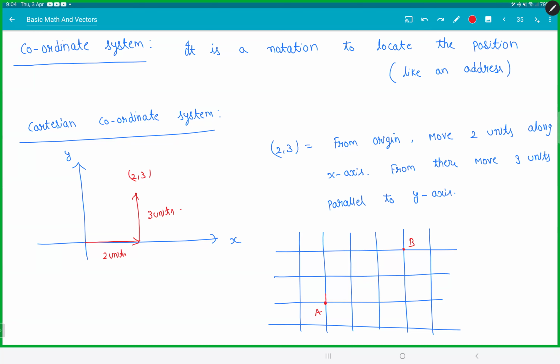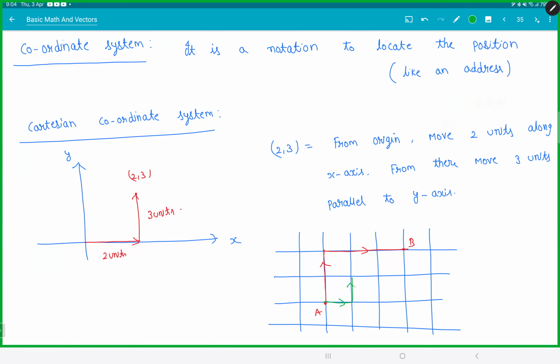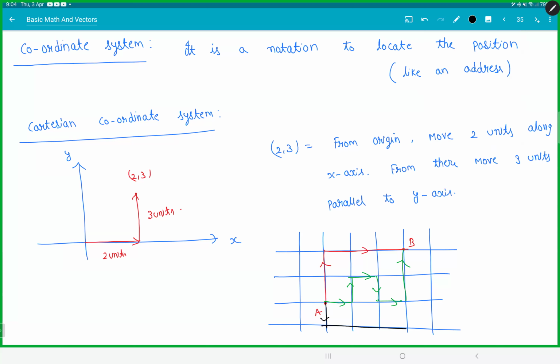You can go straight, then turn, and this is acceptable. Either you walk along x-axis or you walk along y-axis, you can't do anything else. All these are acceptable paths. This is how you travel.